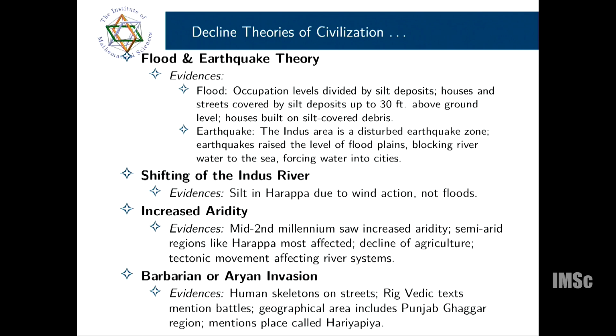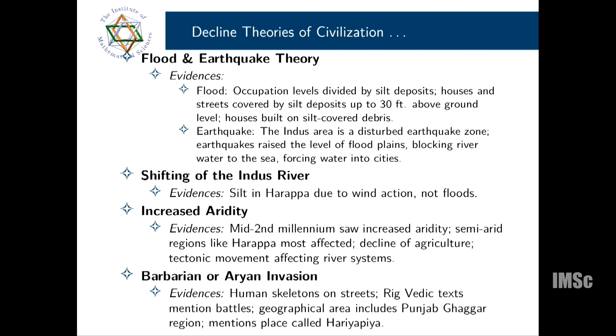The shifting theory says that whatever they found in the silt is not because of flood, maybe because of wind. And heredity: there is evidence that around the mid of the second millennium, there was some kind of hereditary disease. So obviously the people might have been affected that way.